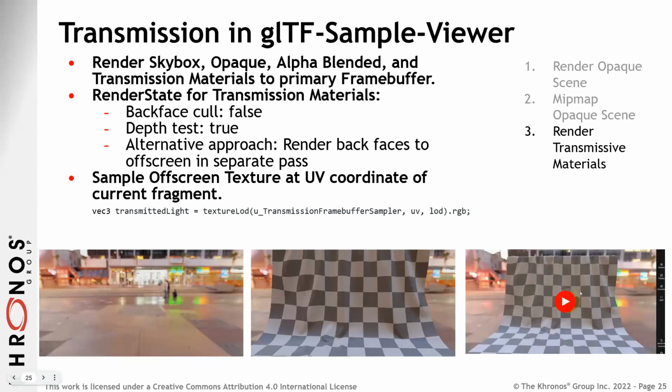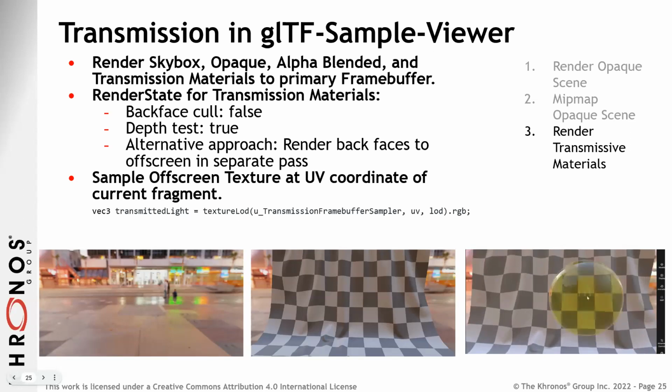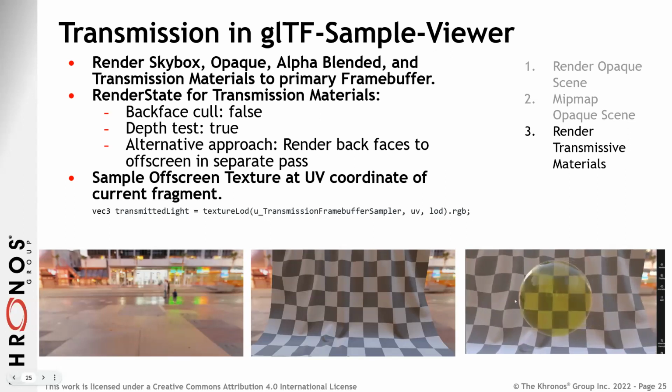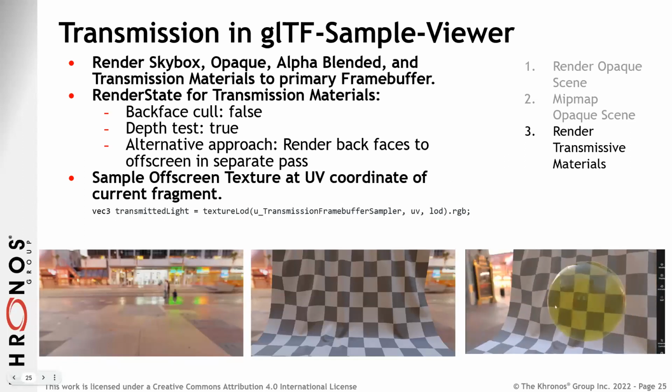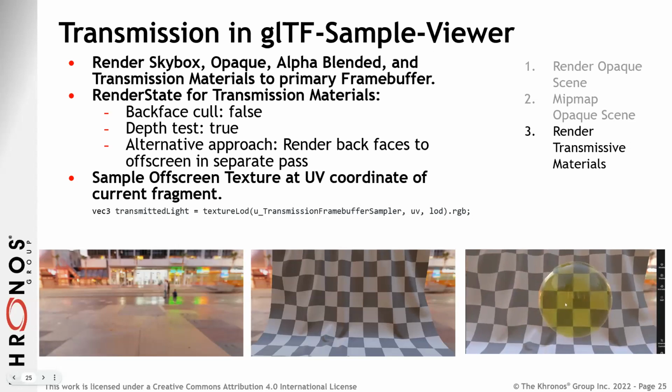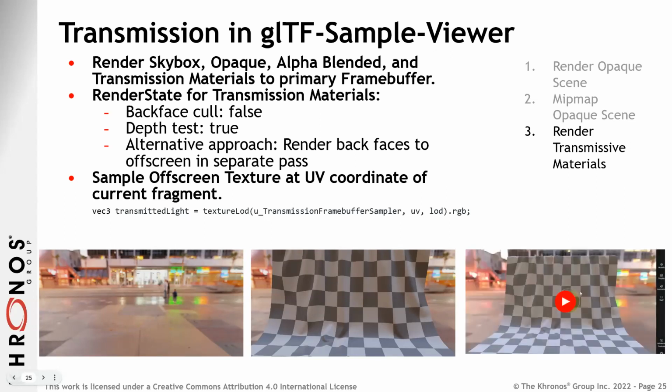Alternatively, as I mentioned, you could render your back faces to that off-screen scene as well, and then do an extra render pass to capture both sides of the transmission material. This is a thin-walled effect. So in our case for the sample viewer, this is a fine approximation. I think it still carries forward the spirit of what the transmission extension can bring. And it's great for common materials such as windows or windshields. And really, that's all there is to rendering transmission.